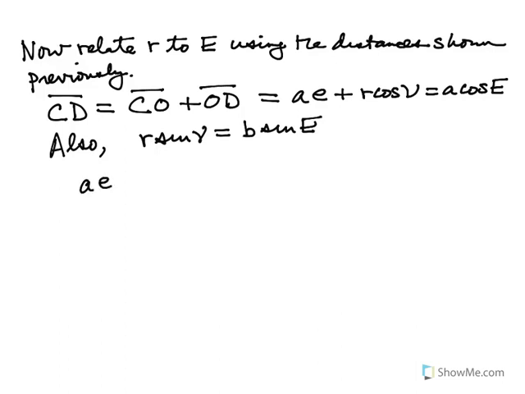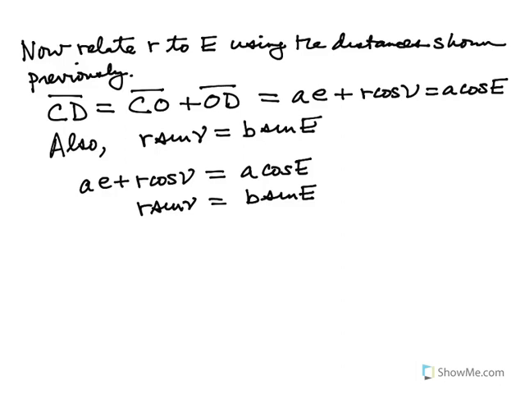So we have ae plus r cosine of nu is equal to a times the cosine of E, and r times the sine of nu equals b times the sine of E. That's fairly helpful, because now if we can somehow get this all in terms of a, we can eliminate b. We have a way of doing that, because we know that the semi-major axis is related to the semi-minor axis through the relationship b squared equals a squared times 1 minus e squared.